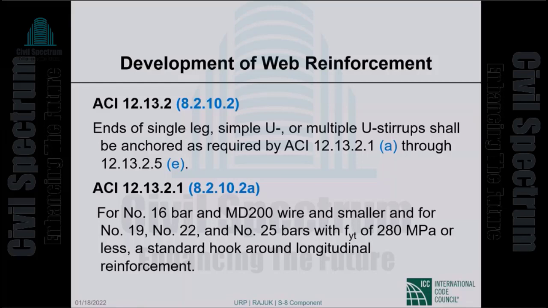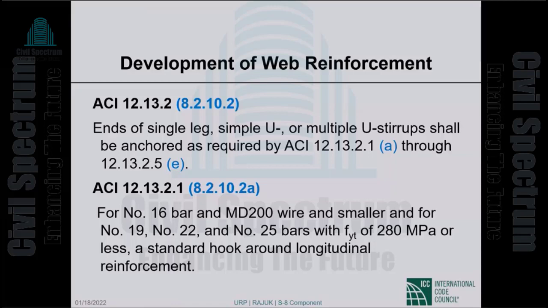Okay. Number 1, for number 16 bar and MD200 wire, I explained the wire size. M is metric, D is deformed, 200 is 200 square millimeter cross-sectional area.